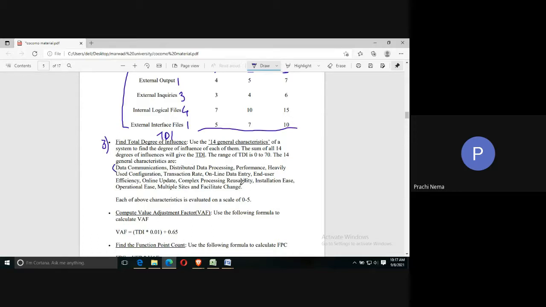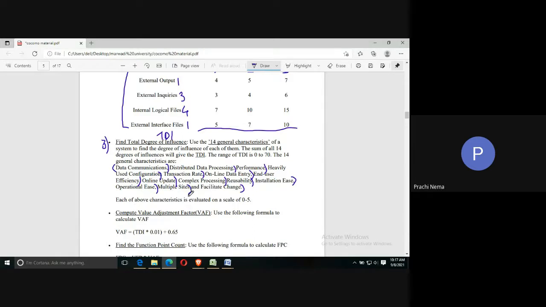The 14 general characteristics are: data communication, distributed data processing, performance, heavily used configuration, transaction rate, online data entry, end user efficiency, online update, complex processing, reusability, installation ease, operational ease, multiple sites, and facilitate change.